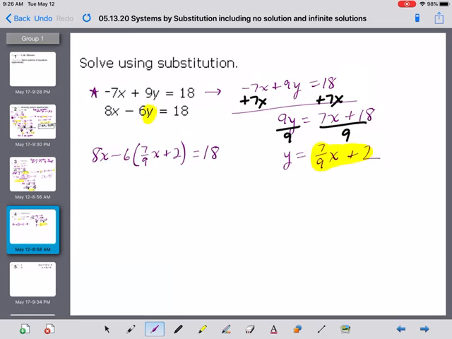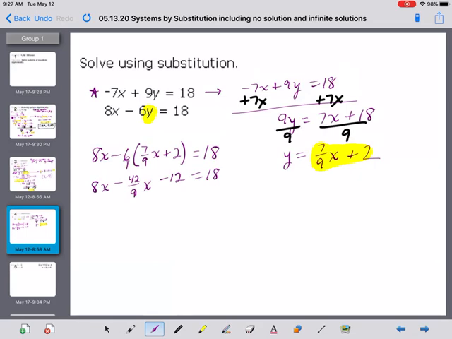Okay. So now you get 8x, right? Distribute the negative 6. Negative 42 over 9 x, right? Multiply fractions across. And then negative 6 times 2 is negative 12 equals 18.